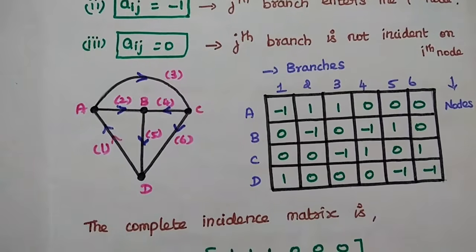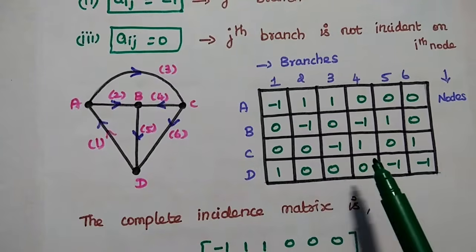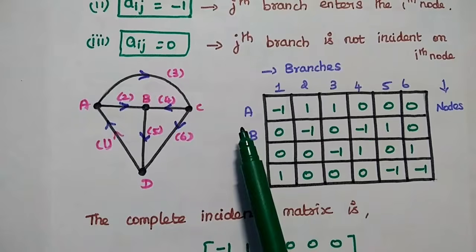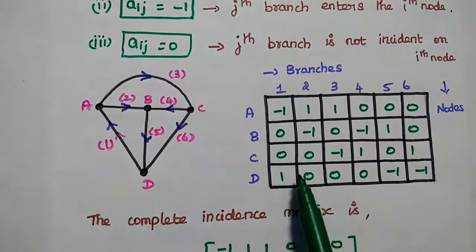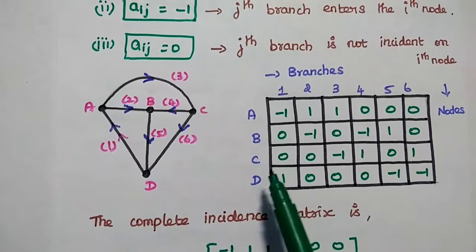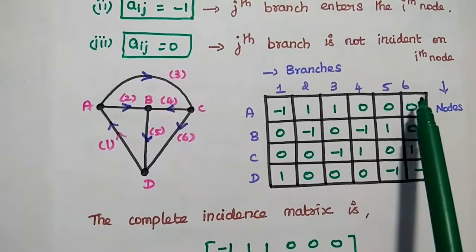For this oriented graph, we are going to find the complete incidence matrix. Here, the row can be represented by the node and the column can be represented by the branch. So consider A, B, C, D here and branches like 1, 2, 3, 4, 5, 6.